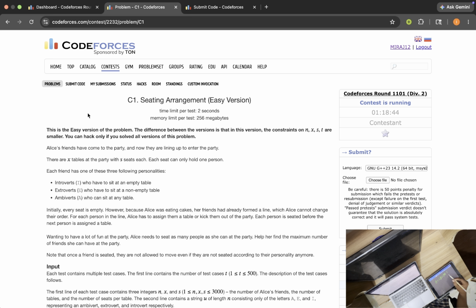Okay. There are a total of 3 different values: ambivert, extrovert, introvert. How many? 1, 2, 3, 4, 5, 6, 7, 8. Okay, ambivert is 1, 2. Let's rewrite it.